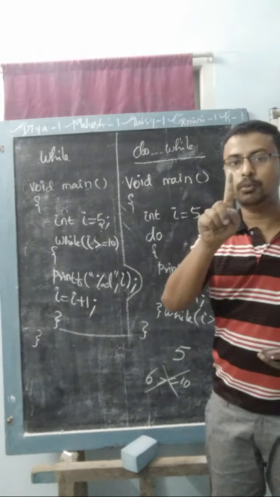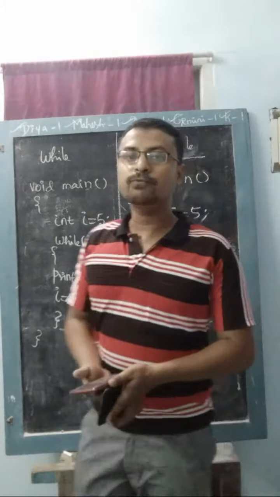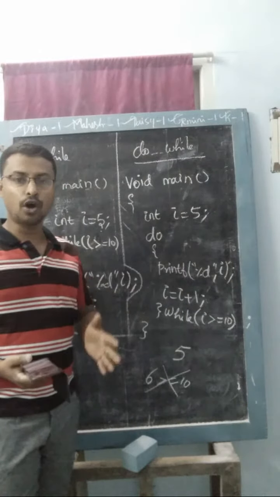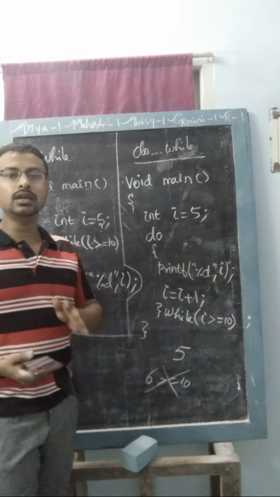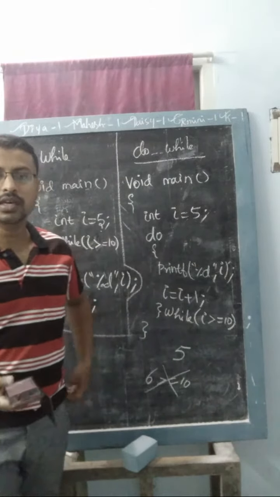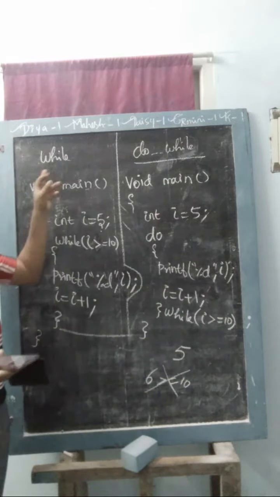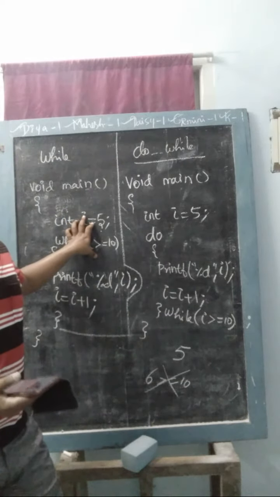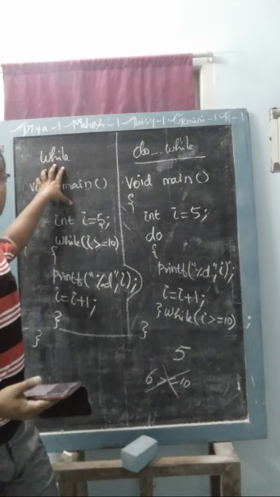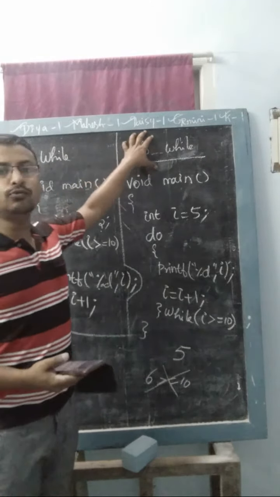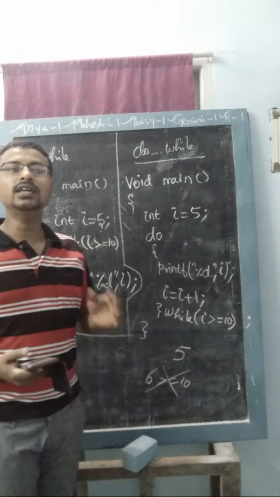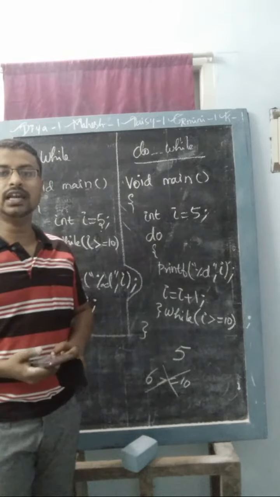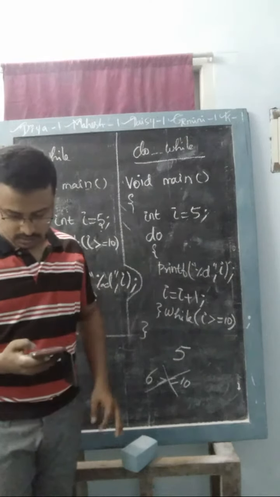That's the first point. Second point, under the while you just make a note: if the condition is false, the statements will not execute. In the case of do while loop, if the condition is false, the statement will execute at least once.